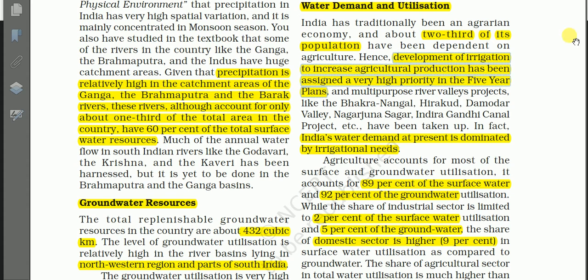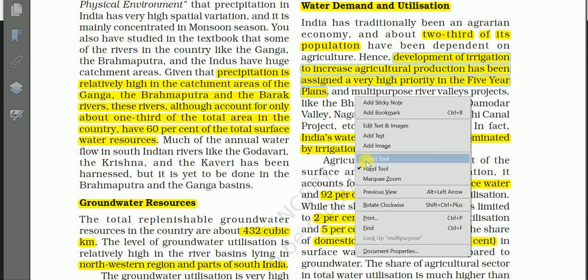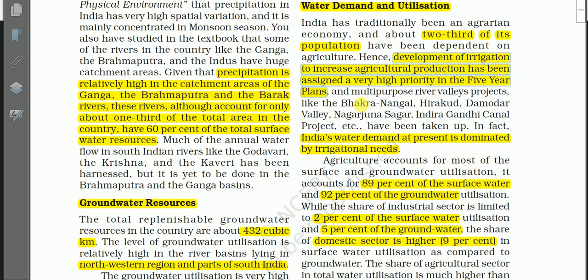A number of multipurpose river valley projects like Bhakra Nangal, Hirakud, Damodar Valley, Nagarjuna Sagar, Indira Gandhi Canal Project, etc. have been taken up to provide irrigation as well as to use the water in different ways.